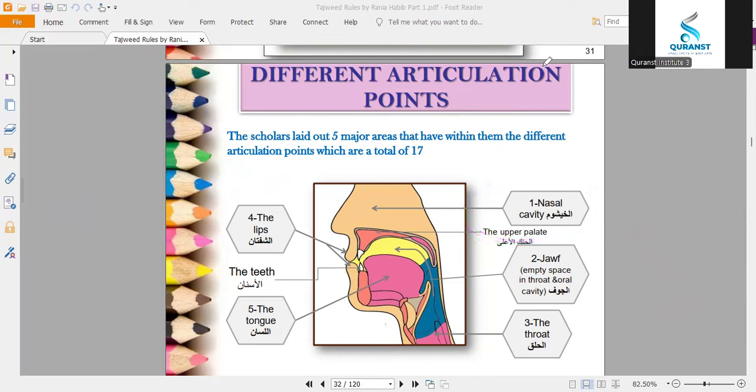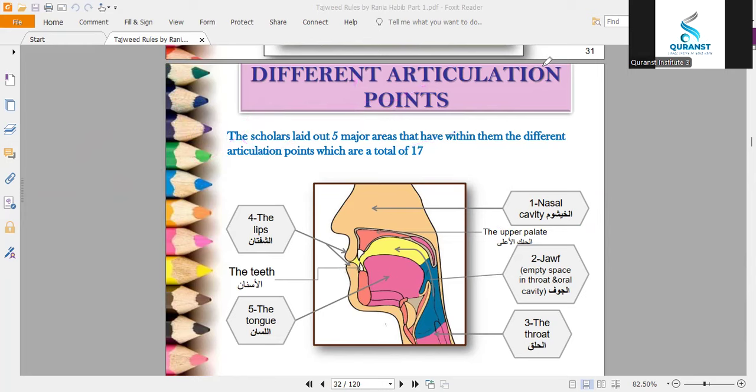This al-ghunna comes from the nasal cavity. And we must know that the time of al-ghunna is 2 beats or 2 harakas. And we can count them by closing or opening our fingers.